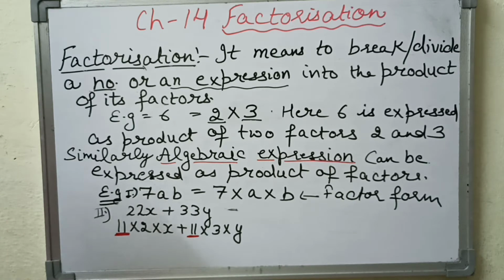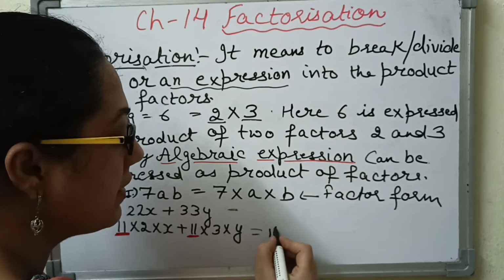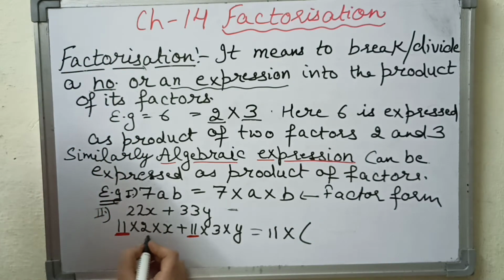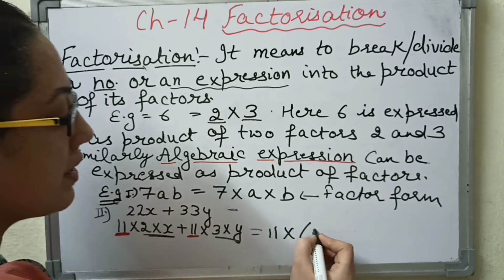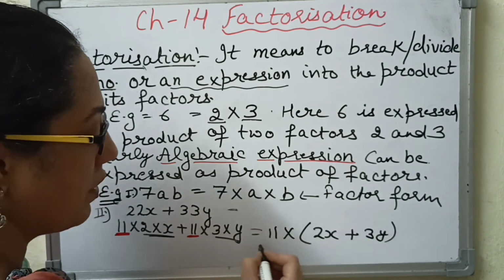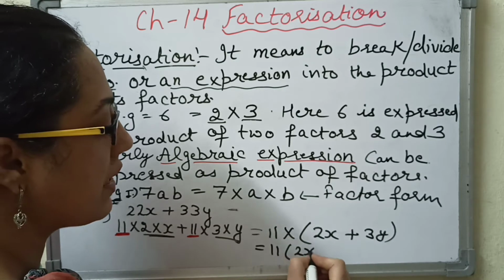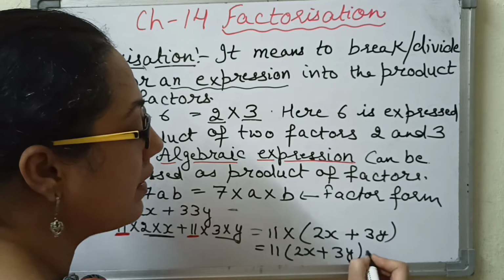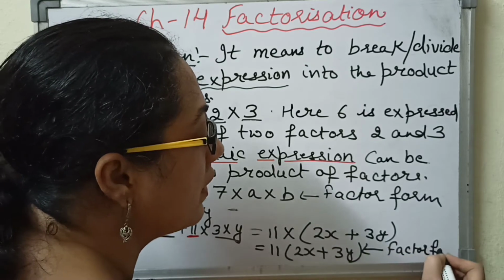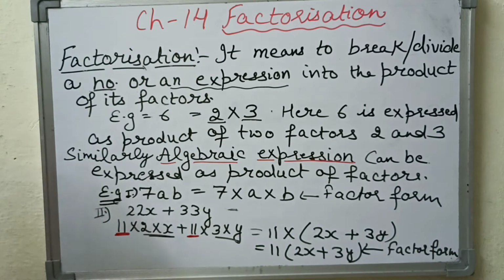So we write 11 outside, and inside the bracket we write the terms which are left, that is 2x and, second term, plus 3y. So 11 into 2x plus 3y. This is the factor form of the binomial.